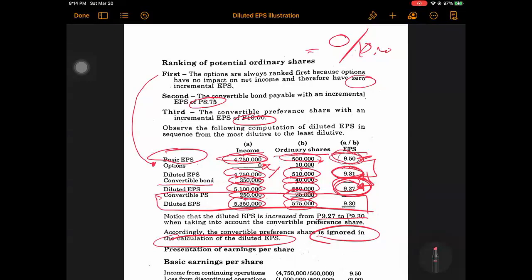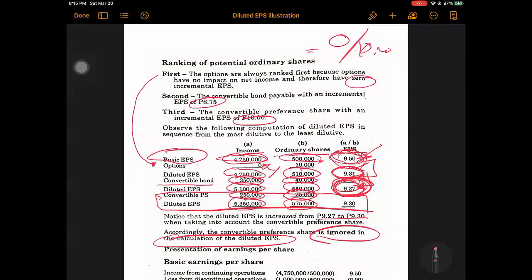So dili siya dilutive, ang imong convertible preference share, because higher iyang incremental earnings per share compared to the basic earnings per share of 9.50. Kung mangutana, sir, pila ang basic earnings per share? The answer is 9.50. Pila ang diluted, sir? 9.27. Dili po 9.31, 9.27, because in the problem, multiple potential ordinary shares ang involved.